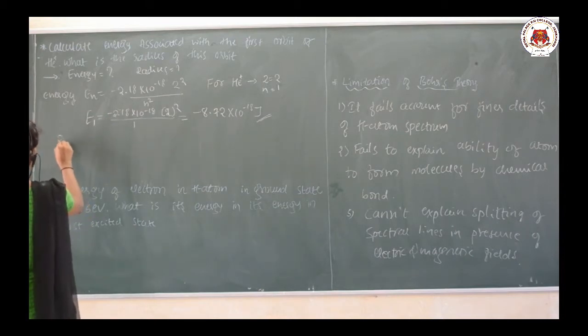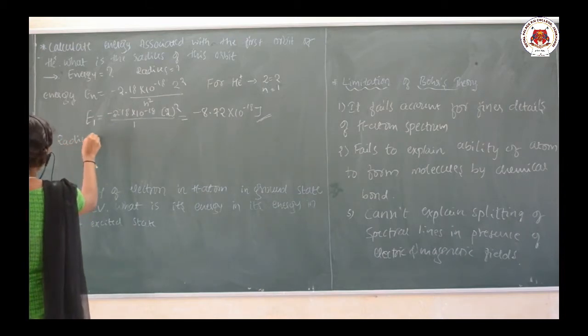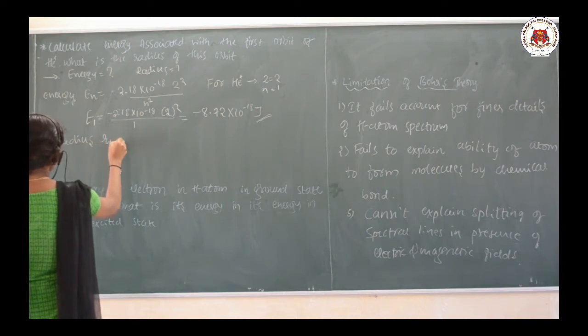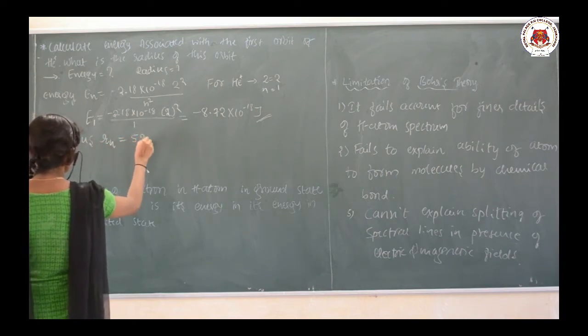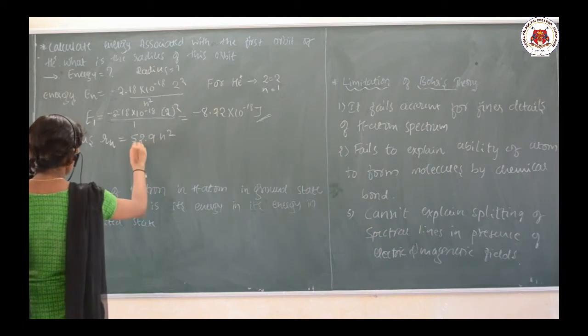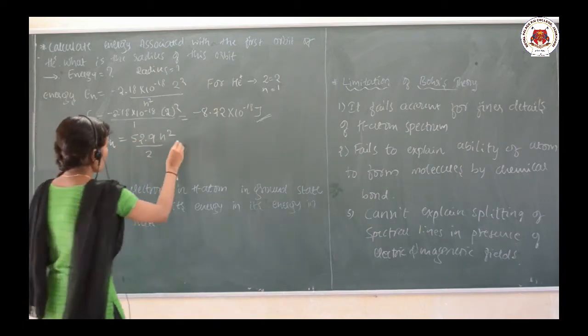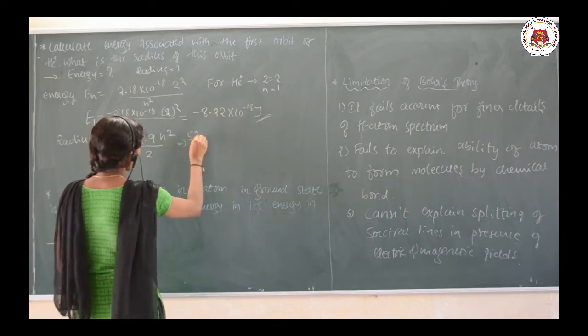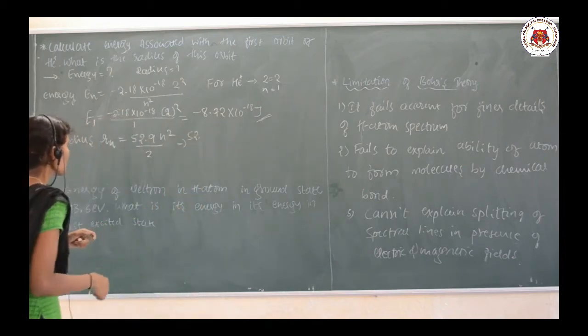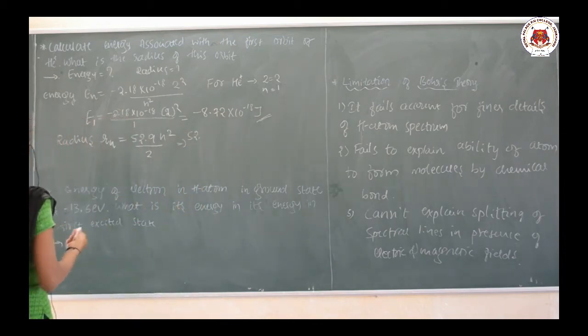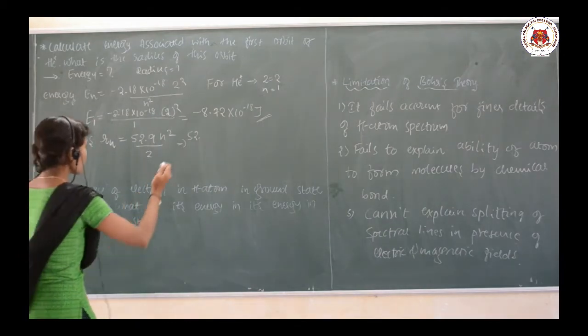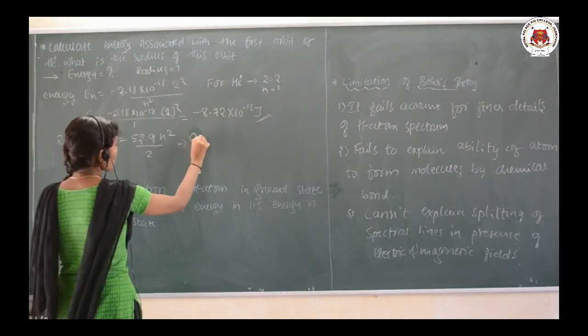So, let us go for the radius. To find the radius, we have the formula: radius in the nth orbit is equals to 52.9 N square divided by Z. Here 52.9 should be converted in terms of nanometer, because we need to express this in terms of the meter.